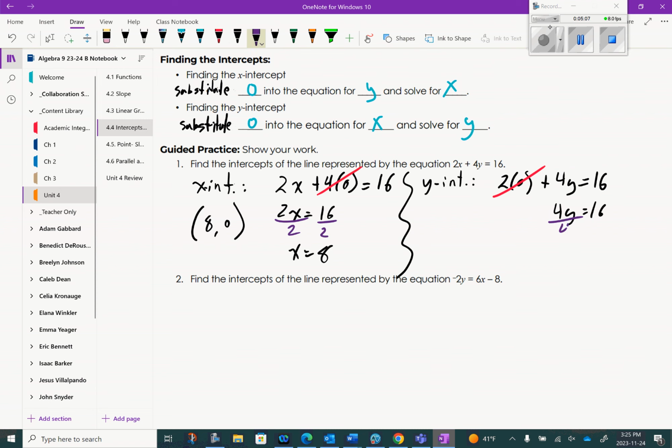Divide. So this tells me my y-intercept for that line happens at 0, 4. Again, you're solving for the one variable because you've substituted 0 for the other one.